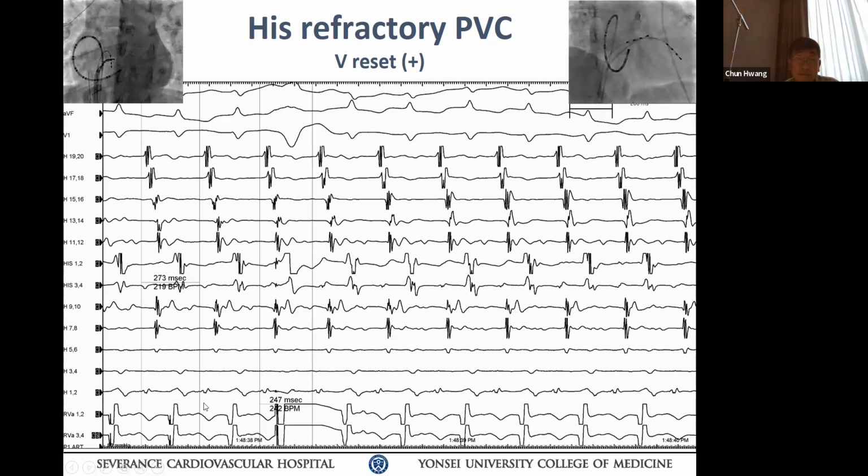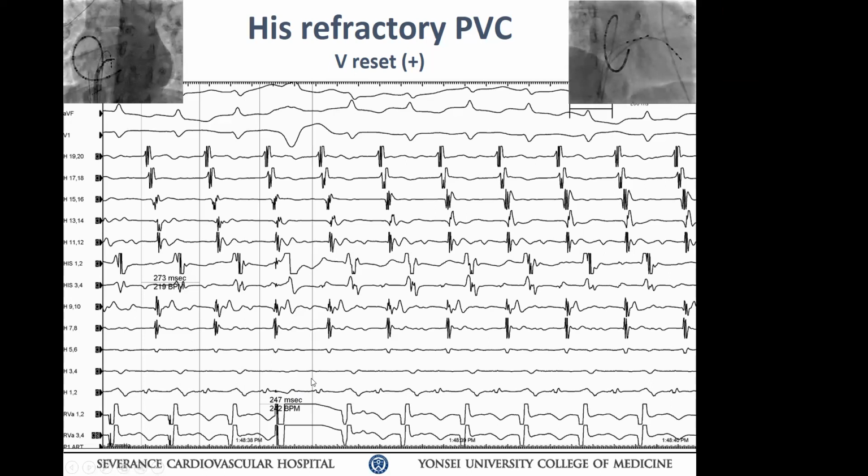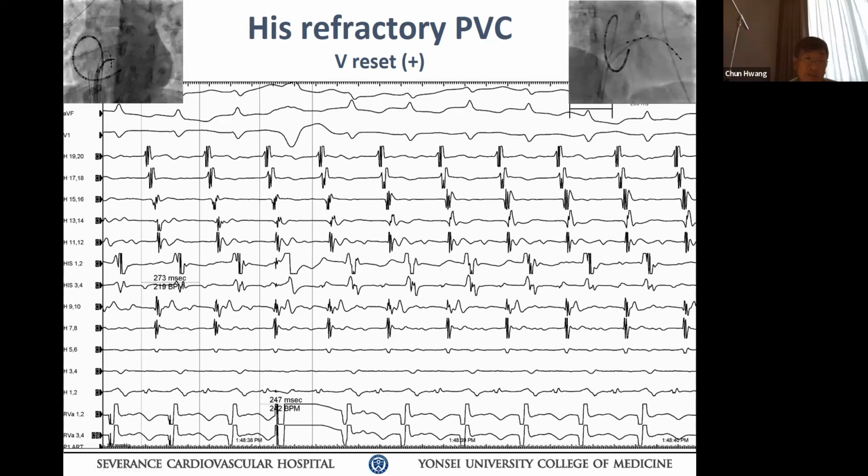이 트레이싱 지금 보시는 트레이싱 타키카디아지. 네, 맞습니다. What's unusual about this? 왜 히스 H1920가 어딨어? Higher atrium? 맞아? H1920 어딨어?